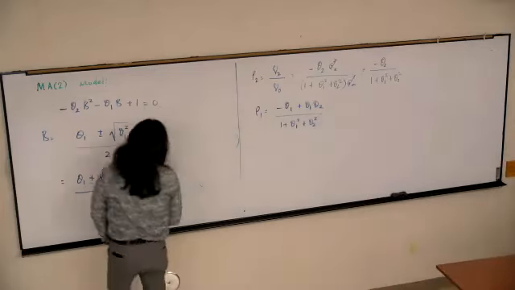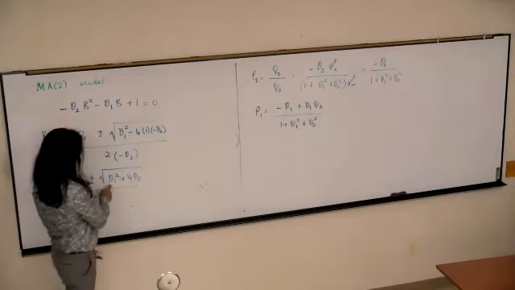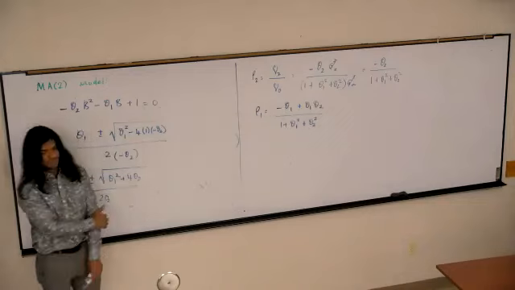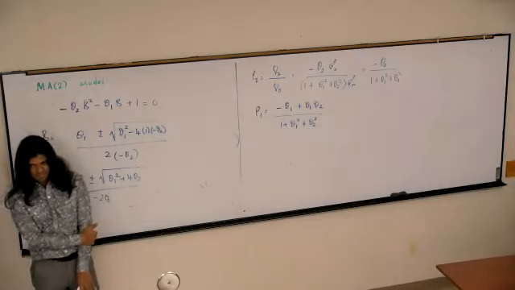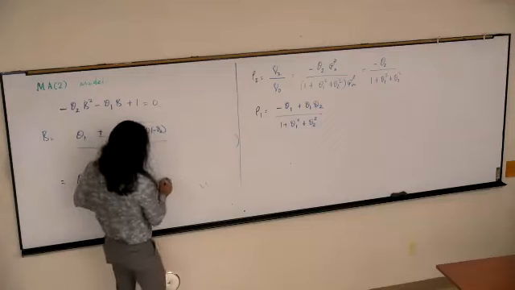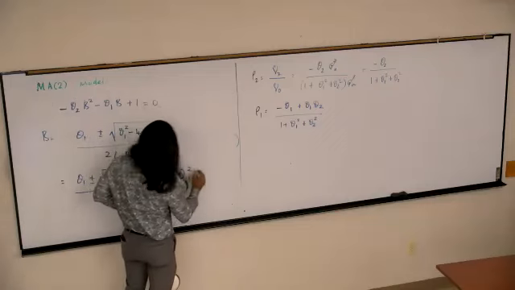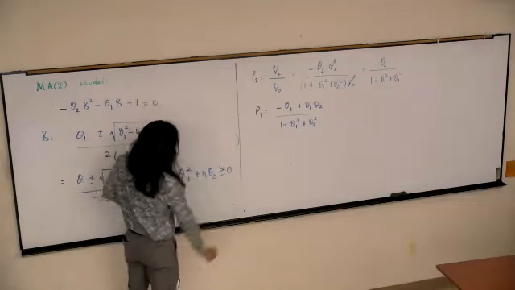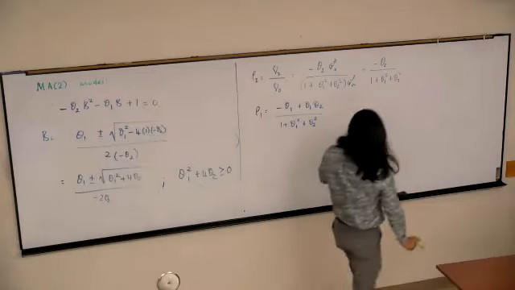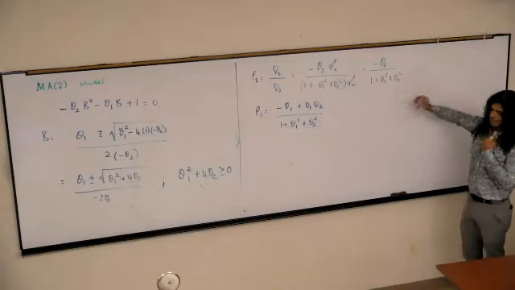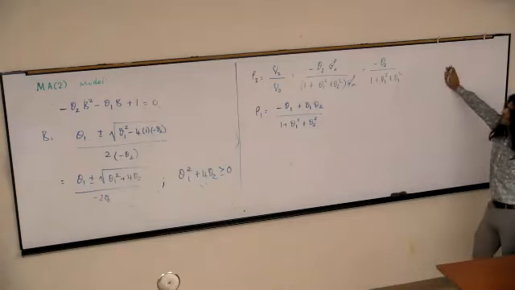According to the characteristic polynomial, I want theta 1 squared plus 4 theta 2 to be greater than or equal to 0. To get there, I've got to do some kind of magic here.